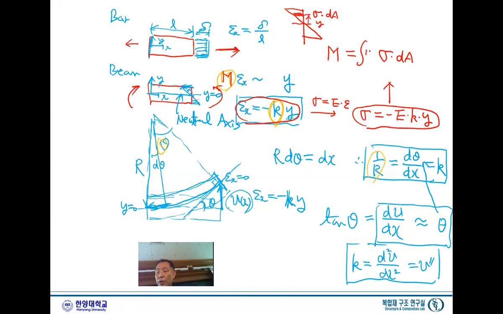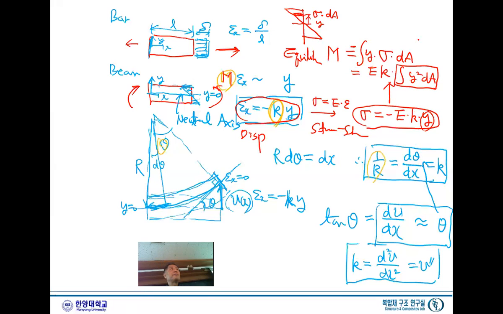So y times the force gives the moment. So this is the equilibrium, and this is the stress-strain, and this is the displacement. So you put it here. Now see, what do we have? E and K are all constant. Okay, I'm sorry, there's a minus there. And what is left is y and y, so there will be y squared dA.